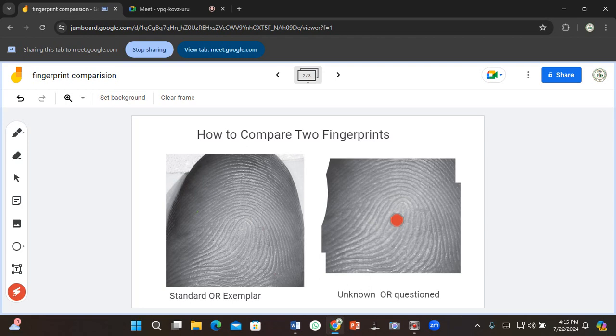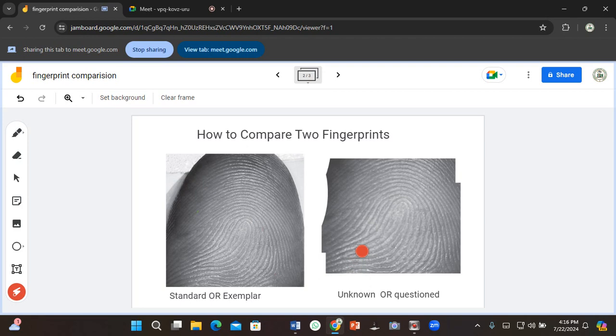By the time you see that one is an arch and the other one is a loop, it means they don't belong to the same finger, so they are not from the same source. So you have to stop there. But when they are of the same group, we have to continue and go further.